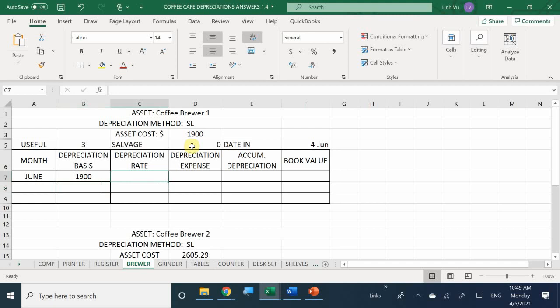What's my depreciation rate going to be?